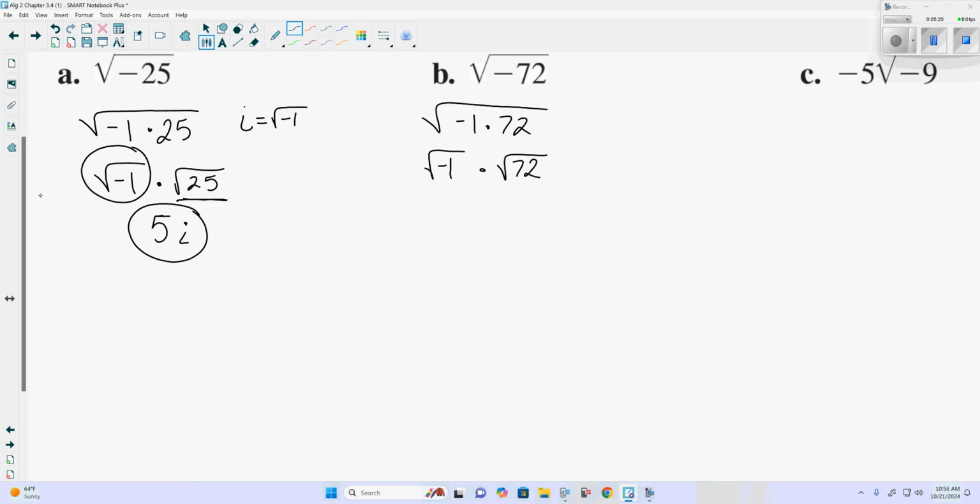What is the square root of 72? What times itself is 72? Is there a nice number that multiplies by itself and gives us 72? Well, no, but it can reduce. And there's different ways we can do it. One of them is finding our perfect square factors of 72 that work into 72 and reduce it.